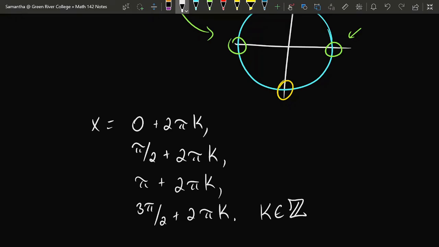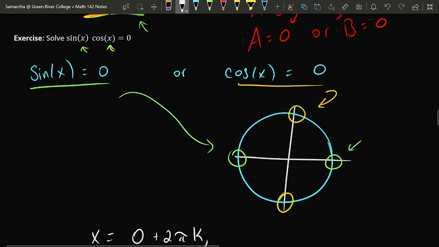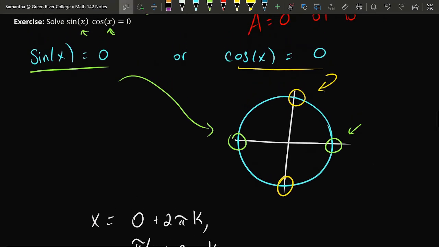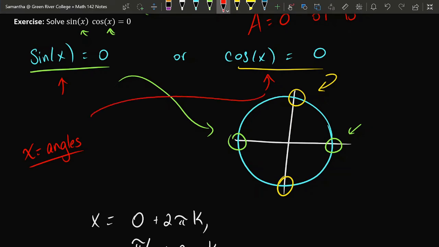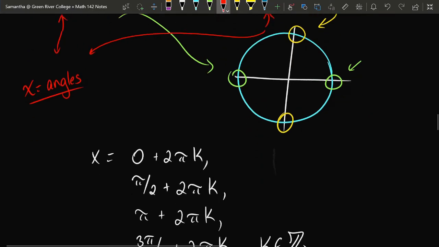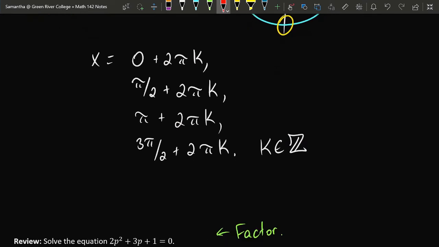So these would be the angles which would satisfy the given equation. And since the input of both sine and cosine is just equal to x, the x values and the angles in this equation would be exactly the same. So this would be my solution to this equation.